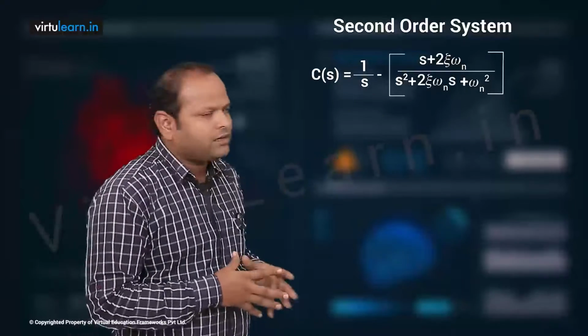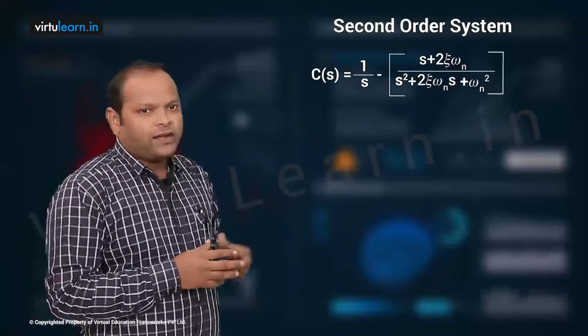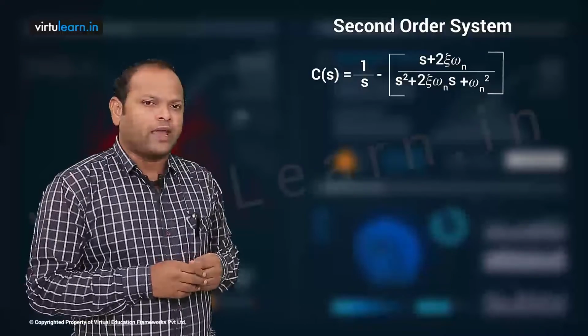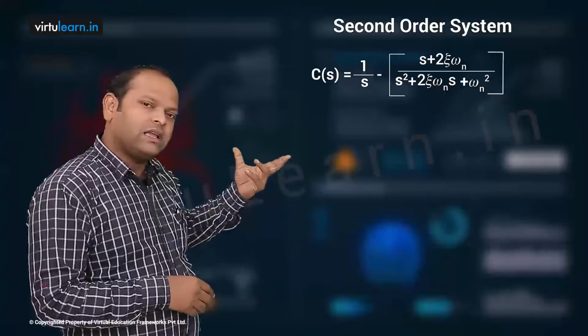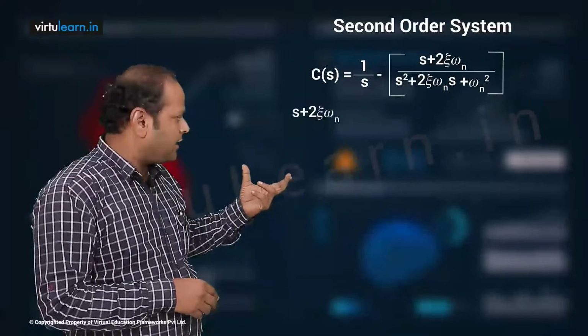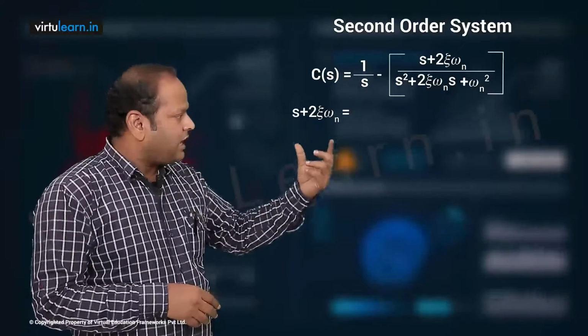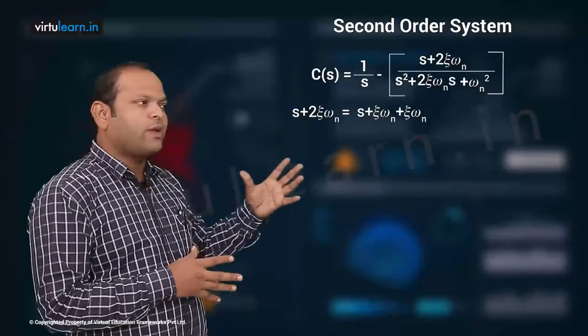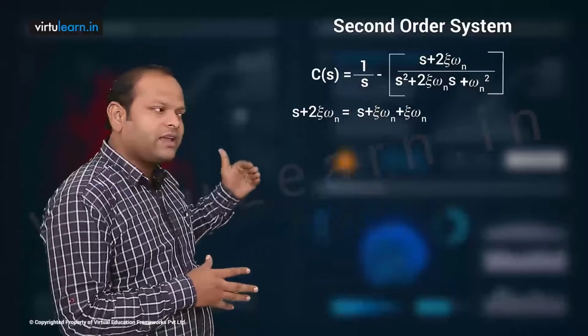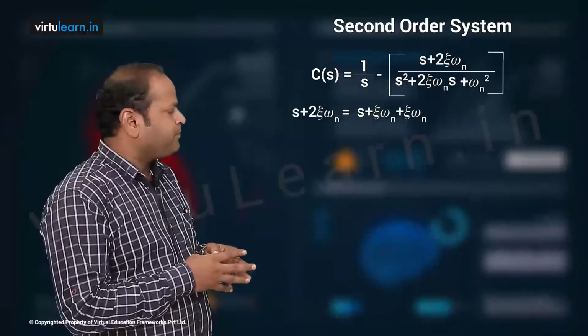Now in this second part, the numerator is s plus 2 zeta omega n. I will take the numerator separately here. So I will write it as s plus 2 zeta omega n is equal to s plus zeta omega n plus zeta omega n. So zeta omega n plus zeta omega n becomes again 2 zeta omega n.